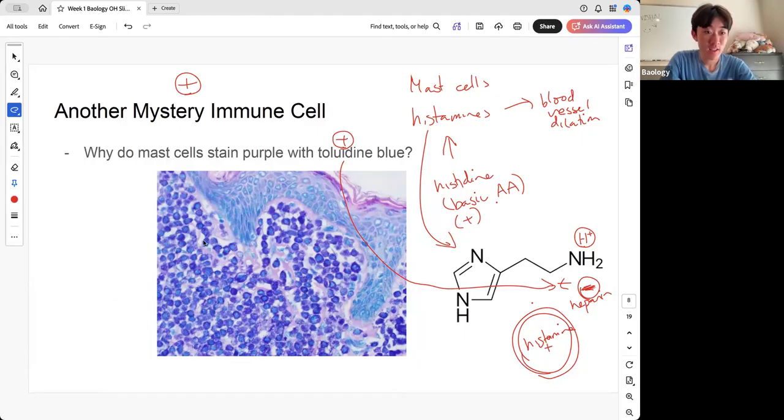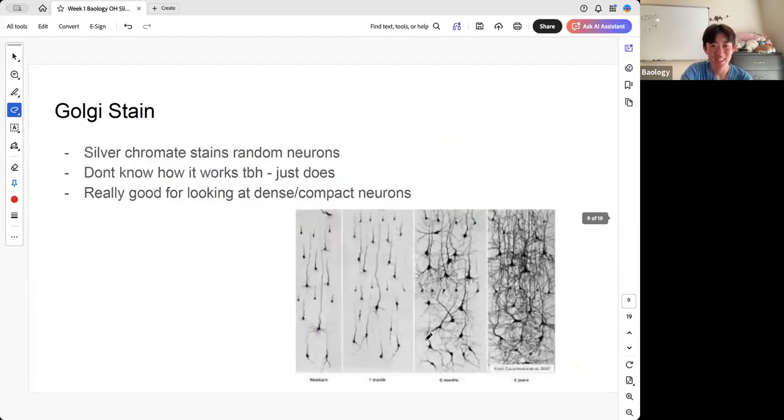It fixes. Is it because of formalin? Formalin role in histology. Crosslinks? Hmm. Okay, I'm going to move on. This is why I'm not in charge of this class usually.